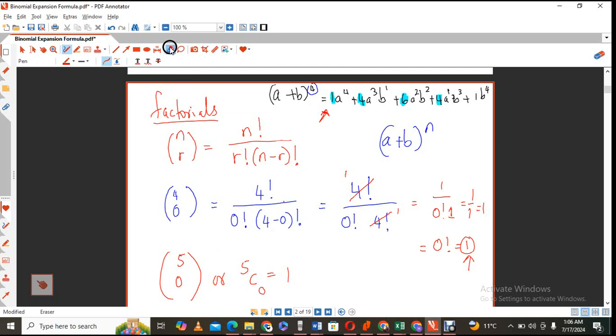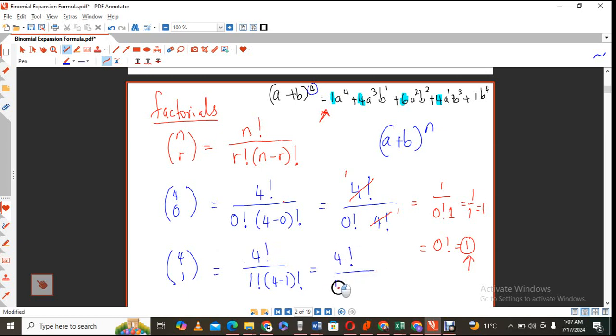Let's see if we can go to the second one, where we say 4 choose 1, to see if we get the same. Using the formula, it's 4 factorial over my r factorial, which is 1 factorial, times 4 minus 1 factorial. This gives me 4 factorial over 1 factorial times 3 factorial.